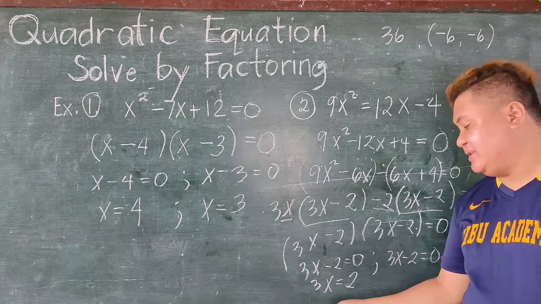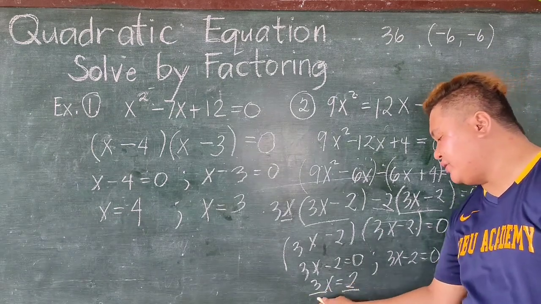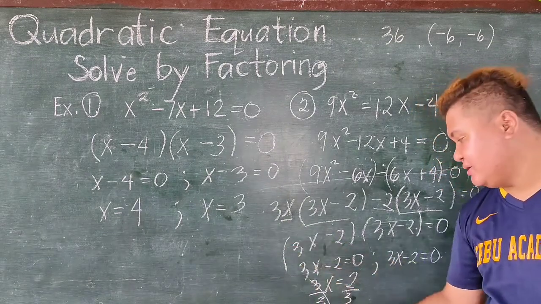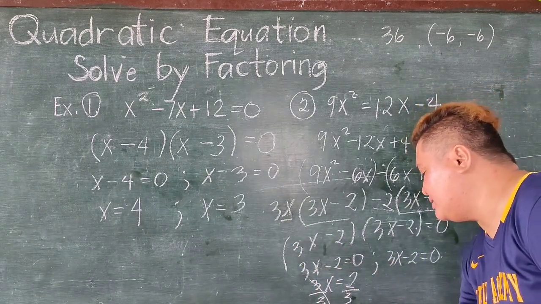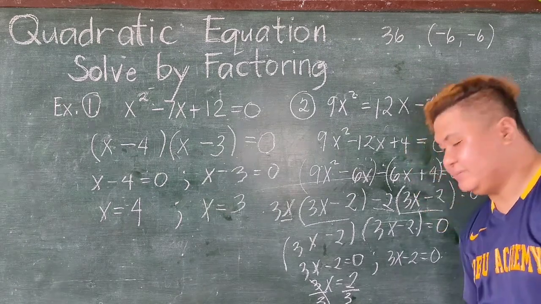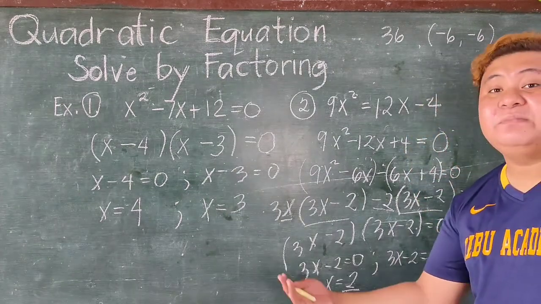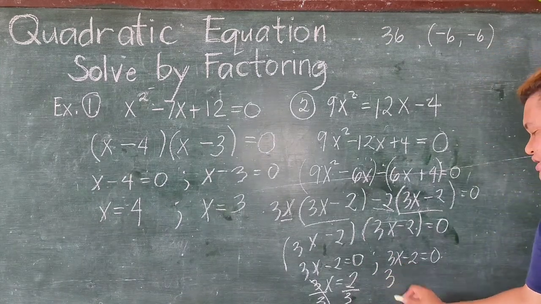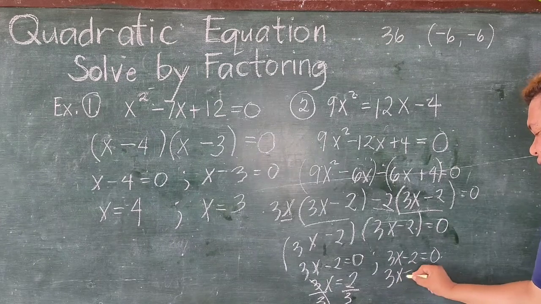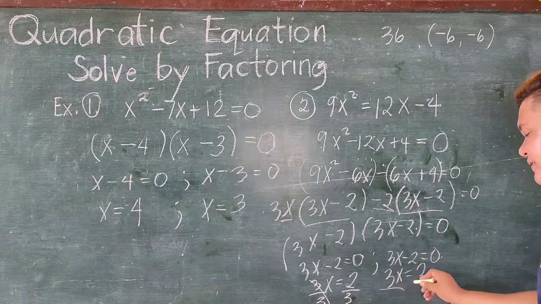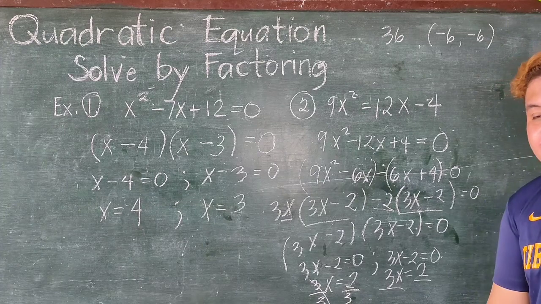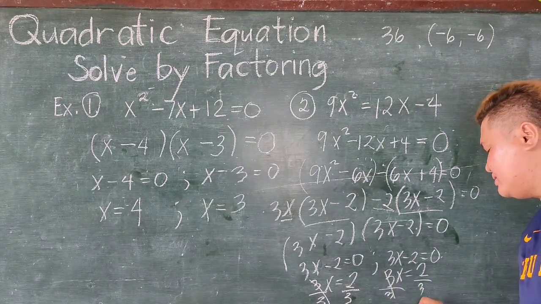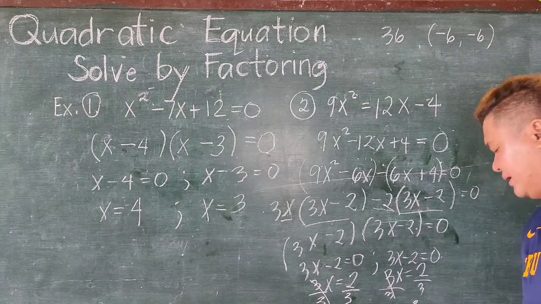And then what we'll do next, divide both sides by 3 so that only x remains on the left side. So you have x equals 2 over 3. The same on the other side, just transpose negative 2, so 3x equals positive 2. Divide both sides by 3. So your answer will be x equals 2 over 3.